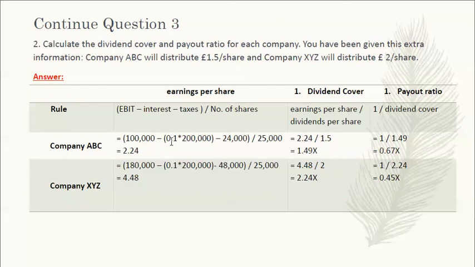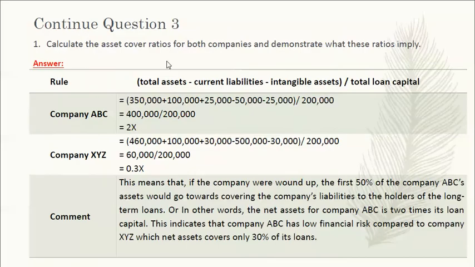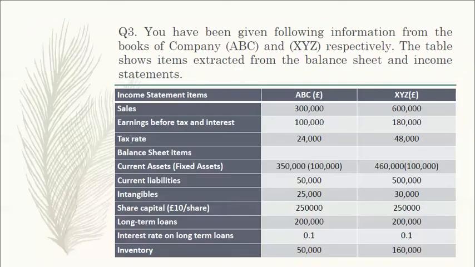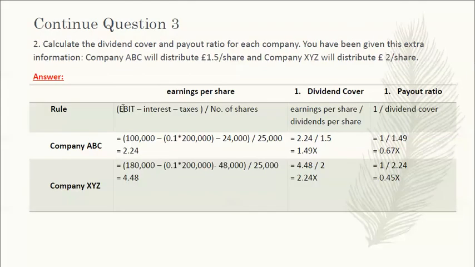So I multiply 0.1 by 200,000. Taxes equal 24,000. So I get here earning before interest and tax for company ABC, which is 100,000. Interest I calculated by multiplying the interest rate by the loan amount, which is 200,000 multiplied by 0.1, which is 10%.